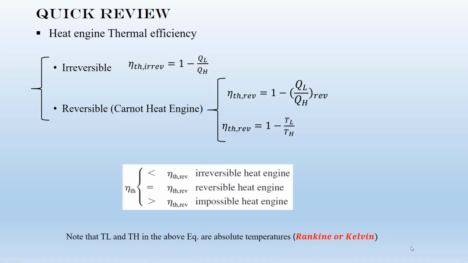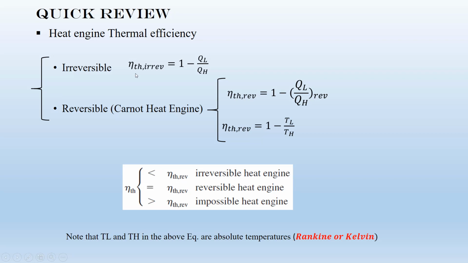So if you remember, for the heat engine, you have two options to determine the thermal efficiency of heat engines. For a reversible process, you can use either this equation or the general definition for thermal efficiency. The general definition for thermal efficiency is the desired output over required input.